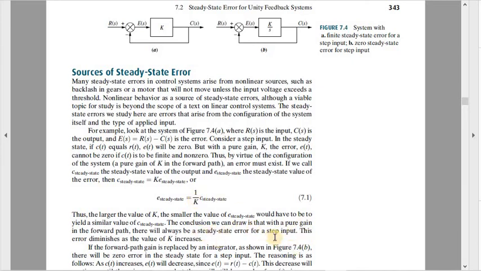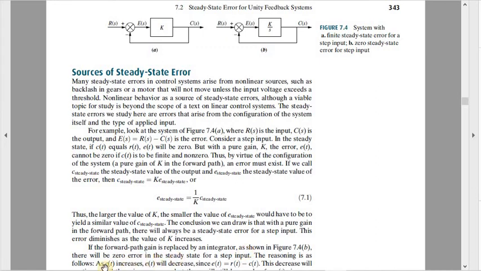So for pure gain, we are unable to make this steady state error 0. If the forward path is represented by an integral, as we did in the second figure, the resultant steady state error is 0 for step input.